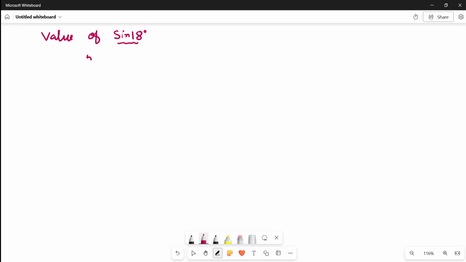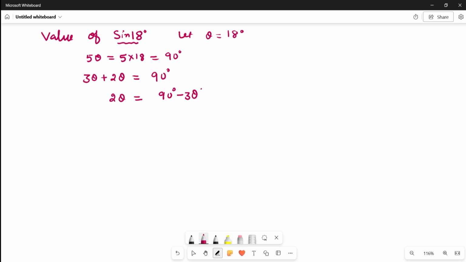We know that 5 theta, let theta be equal to 18 degree. Therefore 5 theta is equal to 5 into 18, which is 90 degree. Therefore 3 theta plus 2 theta is equal to 90 degree, so 2 theta is equal to 90 degree minus 3 theta.